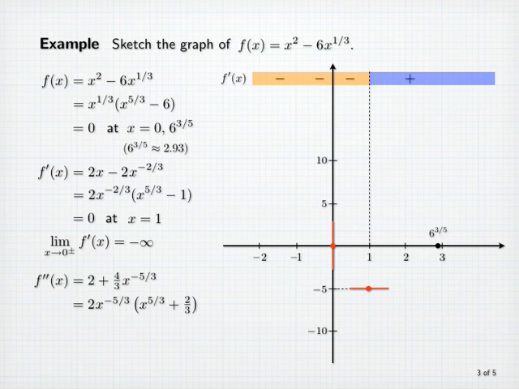And f double prime of x equals 0 at x equal to minus the 3/5 power of 2/3, which is approximately minus 0.784. So now let's think about the sign of f double prime of x.